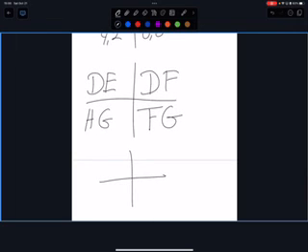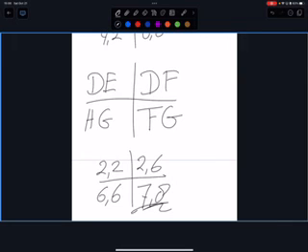DE was 2.2, GH was 6.6, DF 2.6. Correct. Wow.